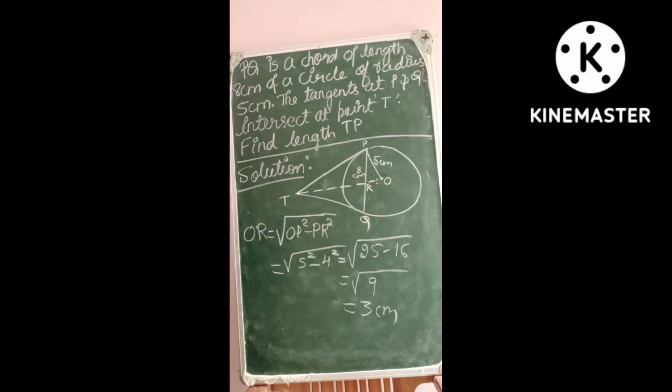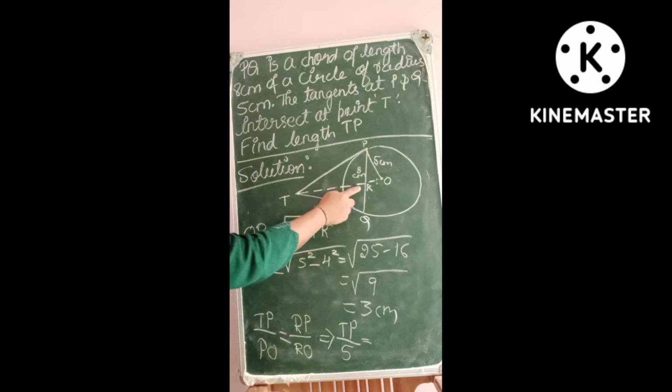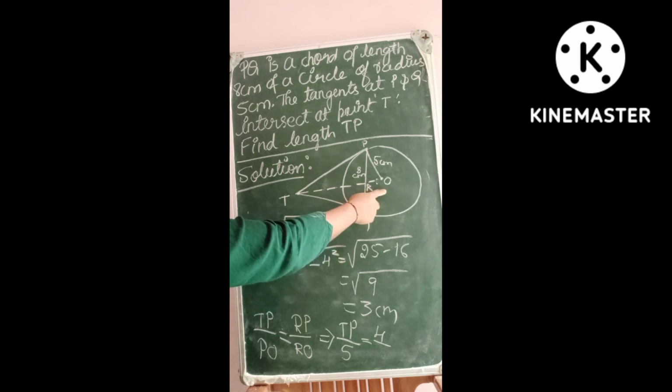This is by angle similarity, which gives TP divided by PO is equal to RP divided by RO. The value of PO is 5 cm, RP is 4 cm, and RO is already found here, that is 3 cm.